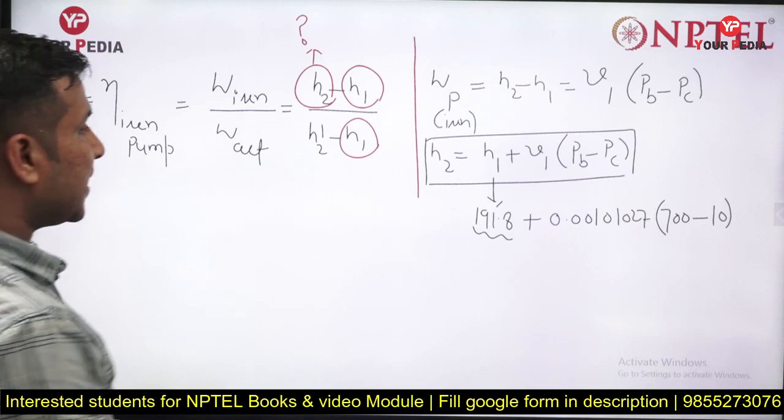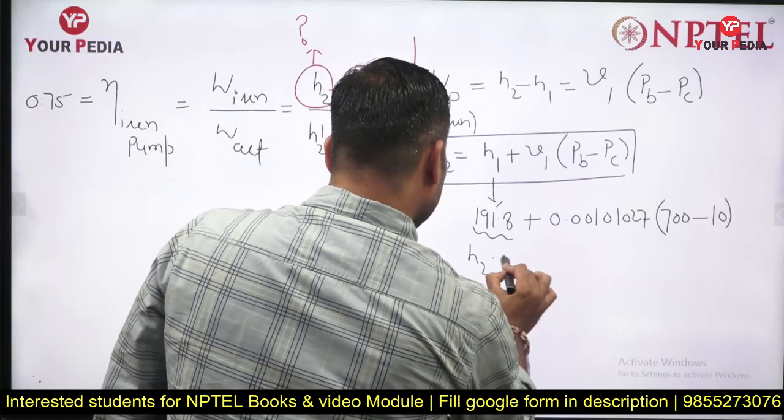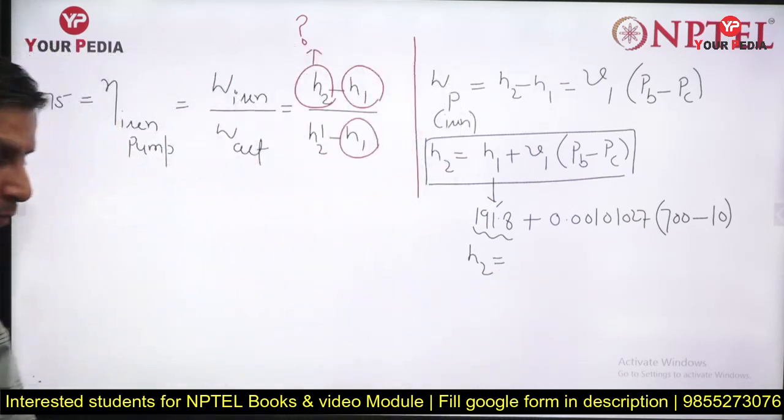You can solve this and check your calculation, what answer you are getting for H2. Let me also carry out the calculation so you can match your answer. The condenser pressure is given to us as 10 kilopascal. That is why I mentioned you can directly take it as HF only, but you may get some error.